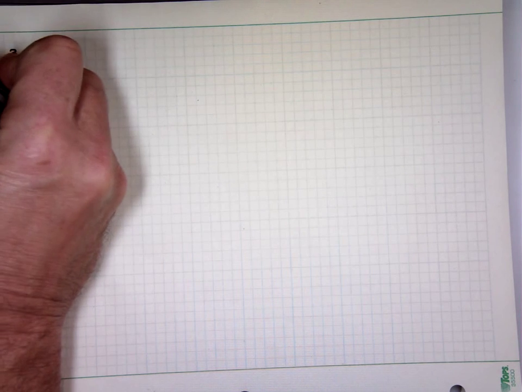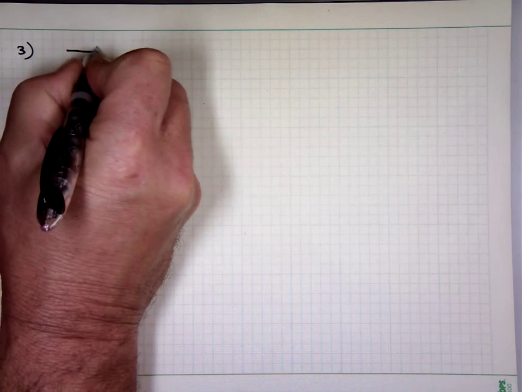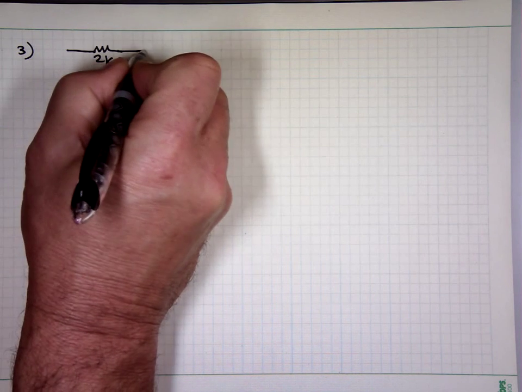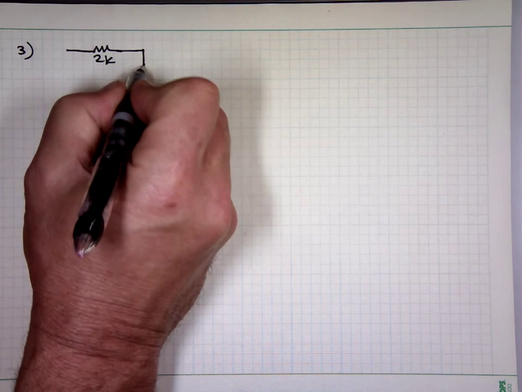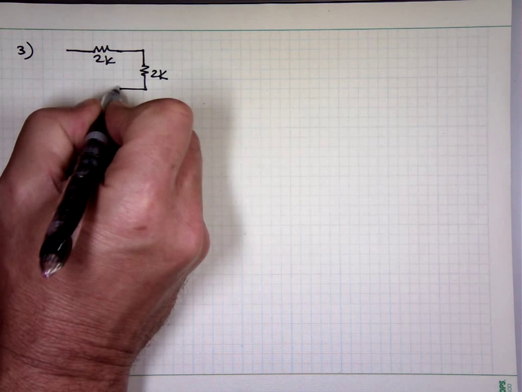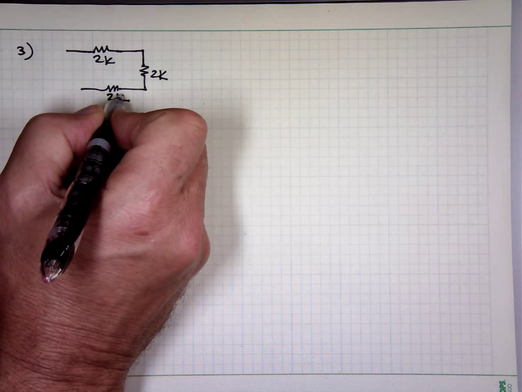Let's look at 3. Finding our equivalent. We have 2K, 2K, 2K, 2, 2, 2 again.